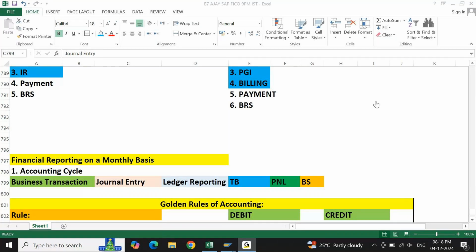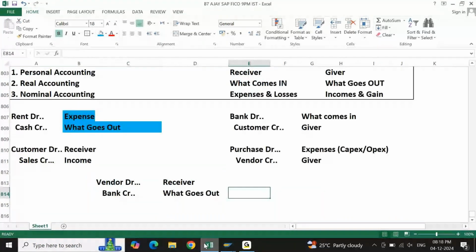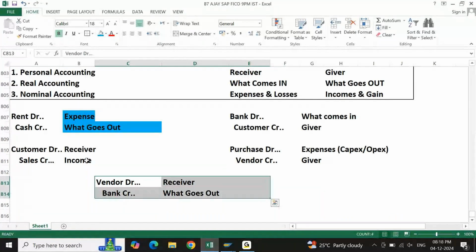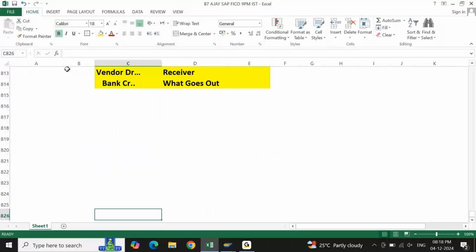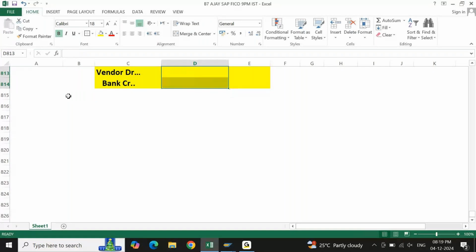If I show only this accounting entry and ask, is it correct or incorrect from an accounting perspective?